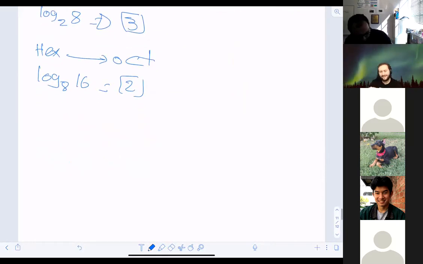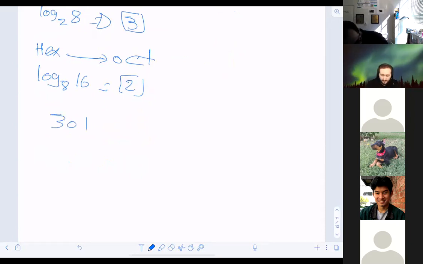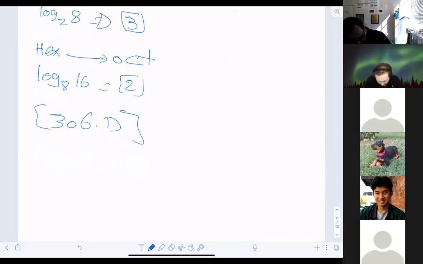Another example, 30D.BP06 with the hexa point, and we are in hex. In some books the notation is just written hex like this, some will make it 16. I want this to be translated to binary.